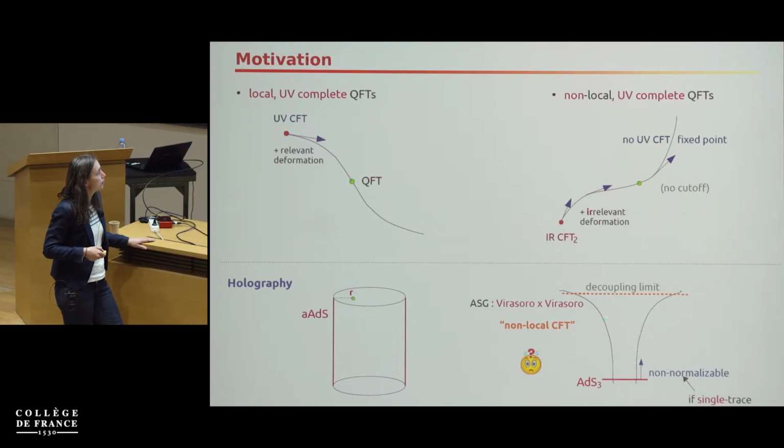So here, I should say I removed all the details from here. Here the context is that we're looking at some backgrounds of string theory, which have this structure. So they have some decoupling limit in the UV. In practical terms, this gives warped AdS3 spacetime for the experts.